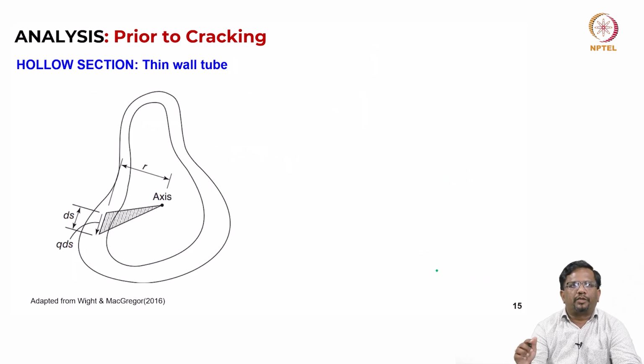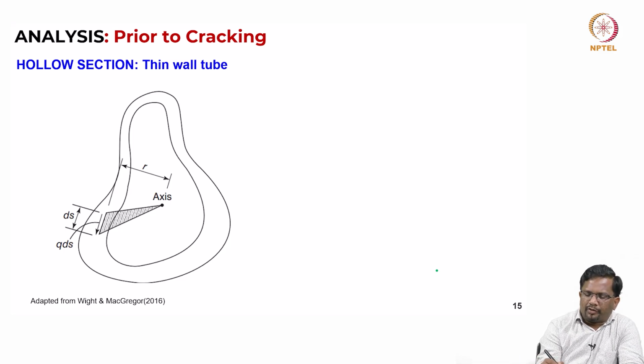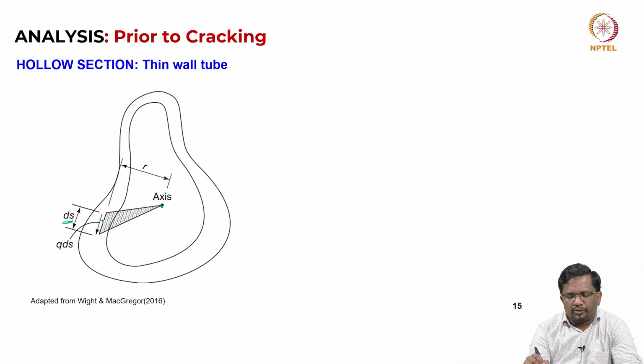Now let us look at this thin walled tube. If I take a small elemental length ds, the resistance offered by this small elemental length is going to be q into ds. This will be the force.